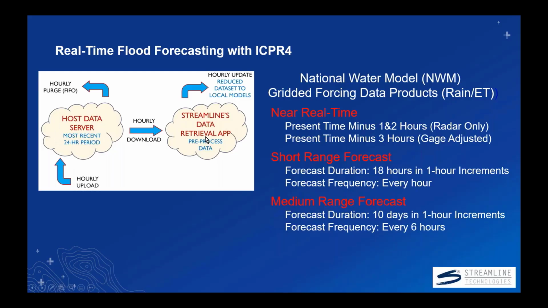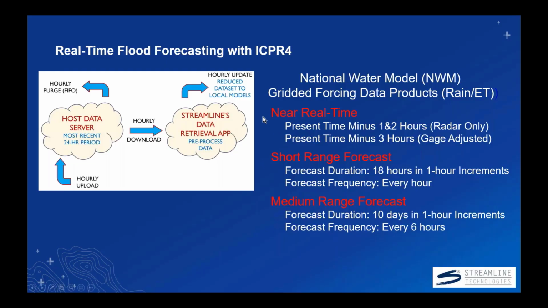We take that data, reduce it into rainfall and evapotranspiration, and then that gets superimposed with the model, with the computational mesh and drainage networks.